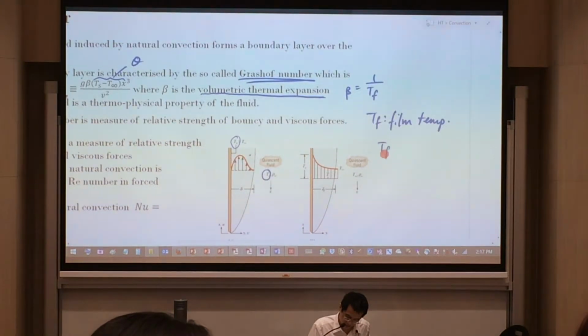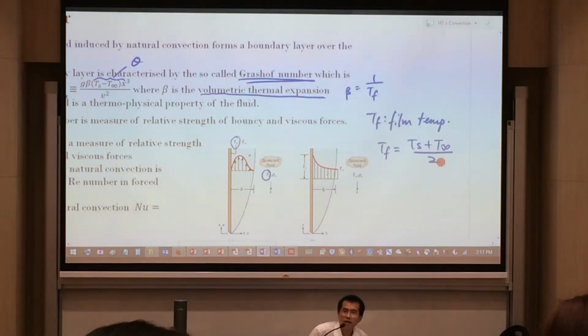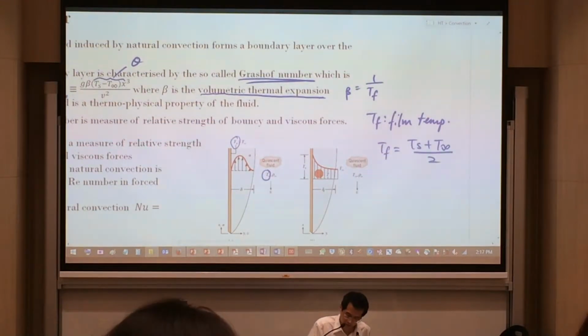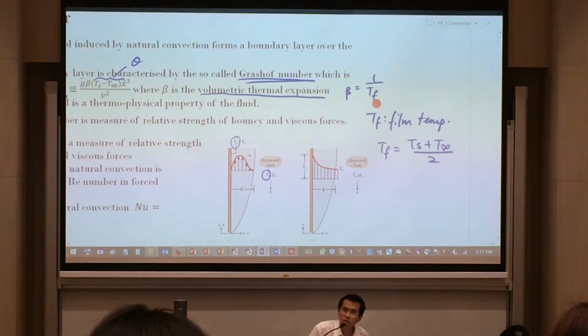Tf is defined as Ts plus T infinity divided by 2. That is called your film temperature, sort of like the average temperature between the fluid out there and the plate. If you take 1 divided by your film temperature, that will give you beta, the volumetric thermal expansion.